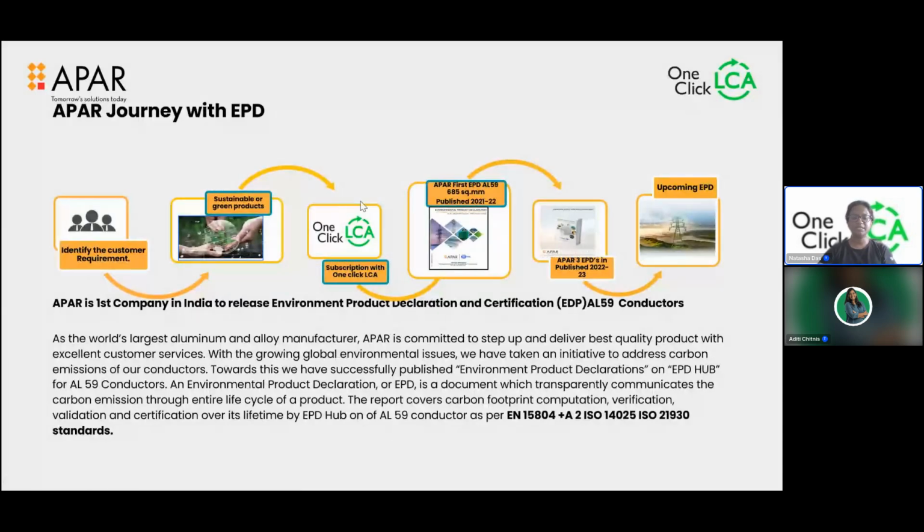When you buy the software with One Click LCA, we have various ways in which we jumpstart the EPD process. First of all, we have something called a pre-verified EPD generator. Pre-verified means that we have templates with data points that are already pre-verified by the program operator. Now, the program operator here will be EPD Hub.